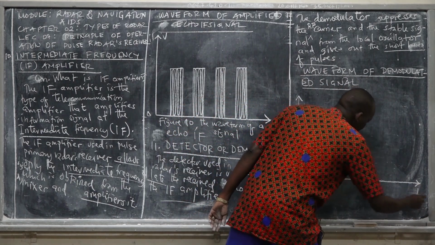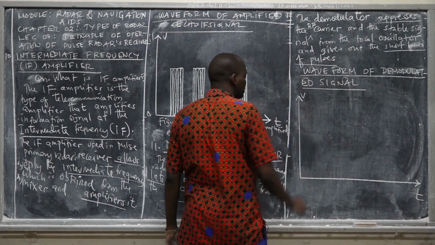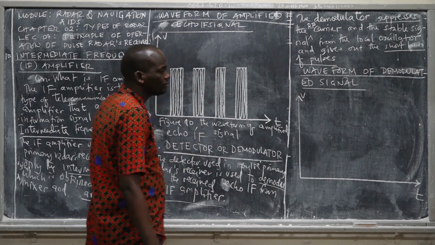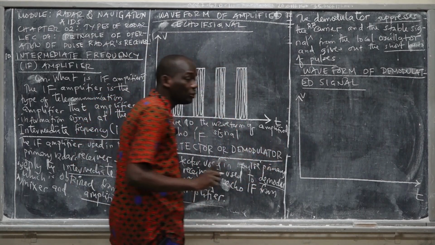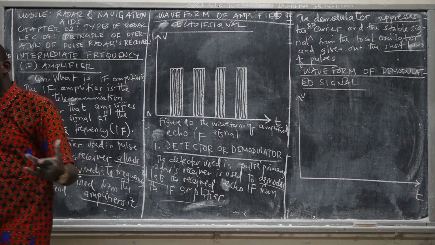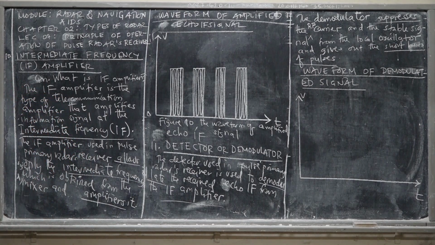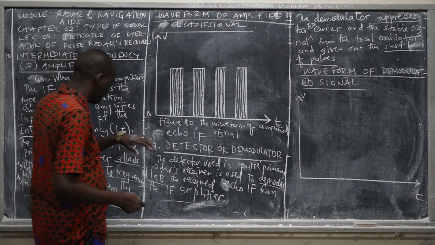This is time, this is voltage. Remember that the amplitude is still the same as the one that we drew in the pulse generator. You have to make sure the amplitude is the same, because what the transmitter transmitted is what you expect to extract from the receiver.